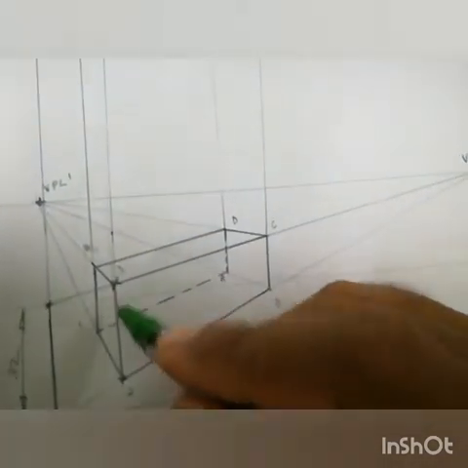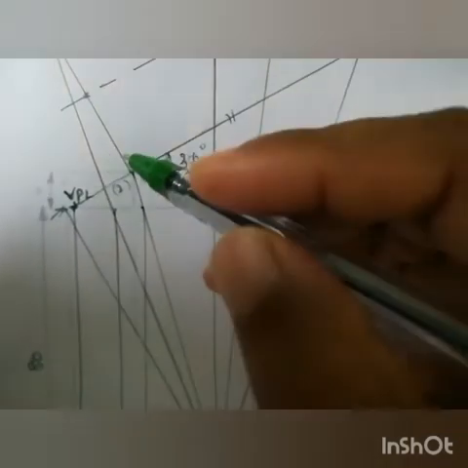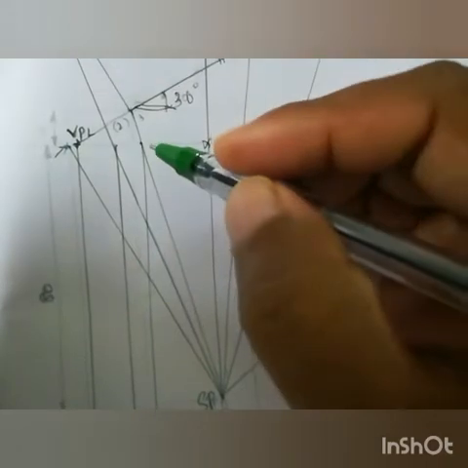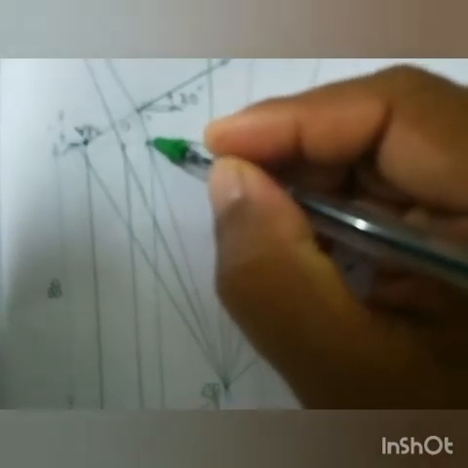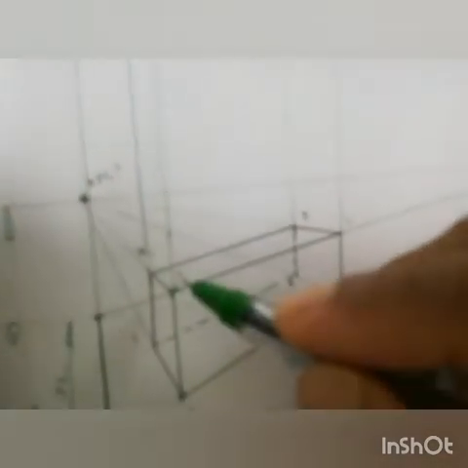So how will 2 and 3 be obtained? You have to come to the top view. So this is the point 2, 3, that is joined to the SP. So that will pierce the picture plane at this point. So from there you have to draw downward so that you will get 2 and 3. Now again on the same face is lying BC. This is 2, 3, this is BC.